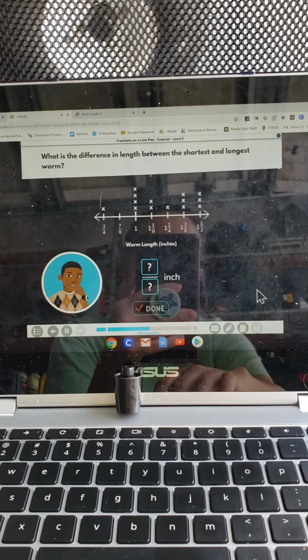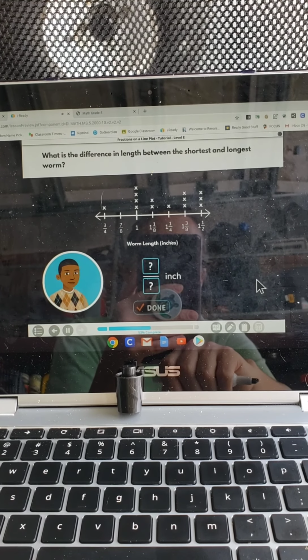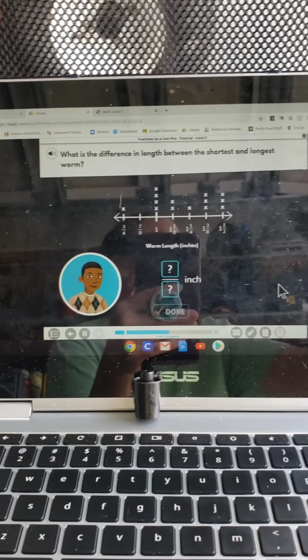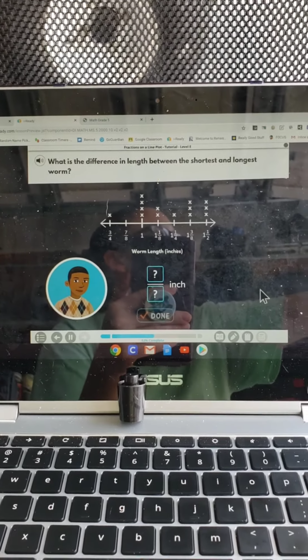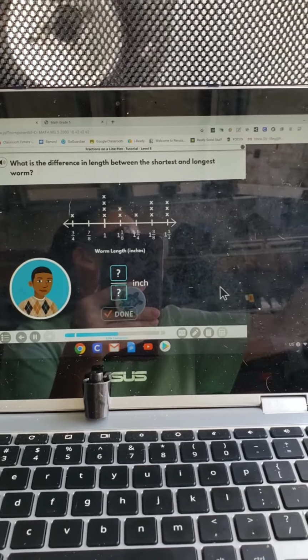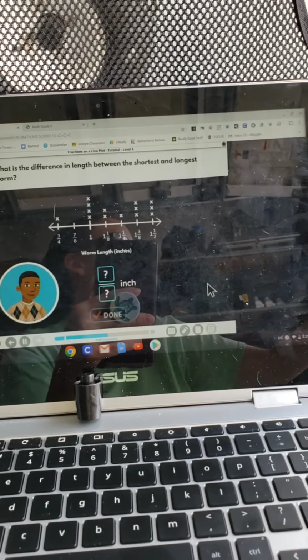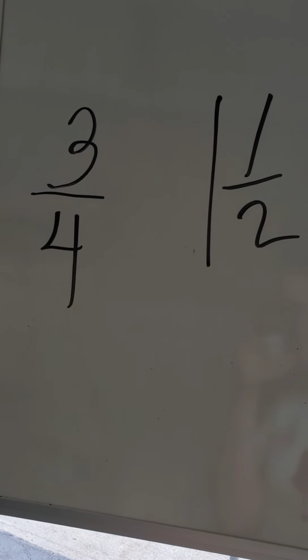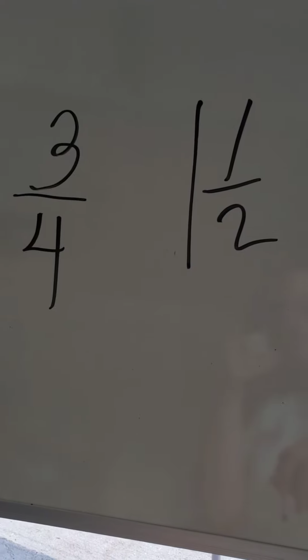What is the difference in length between the shortest and longest worm? Okay, so our shortest worm is 3/4 inches, and our longest worm is 1 1/2 inches. And we have to find the difference in length.